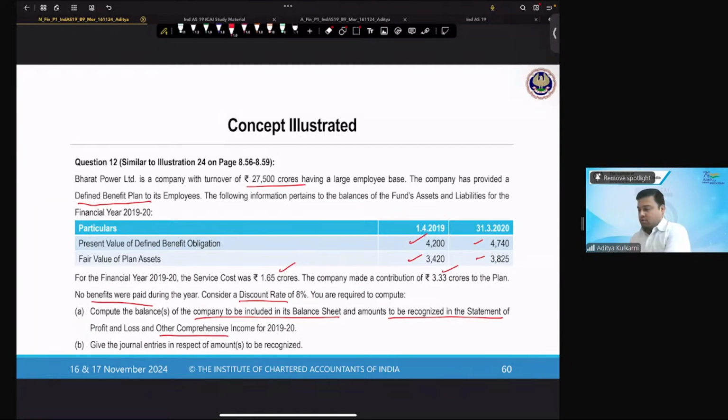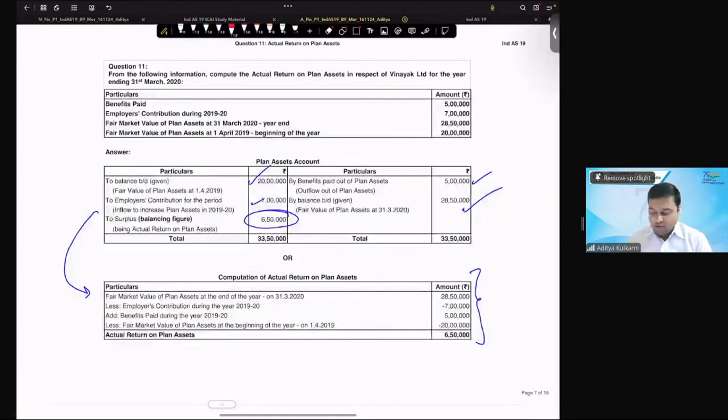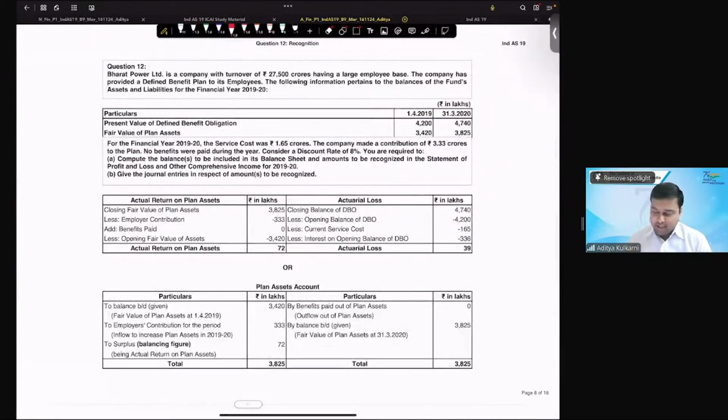Something which you can do, it's permitted, but something which I will not prefer, because why should we prefer it? When I have liability separate, assets separate, let us do the working separately. Later we can do the netting off separately, right? So if I look at this question, let us look at what all I am having.